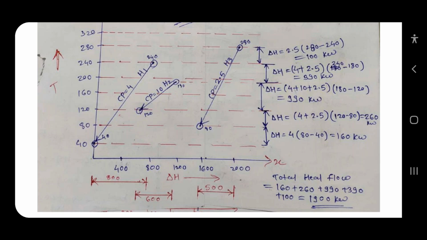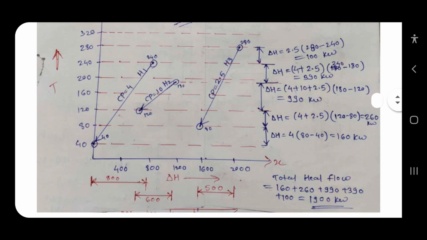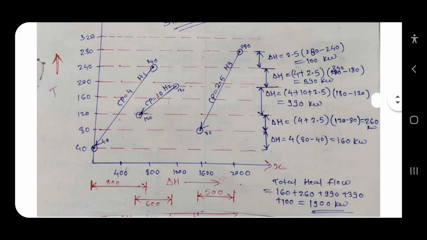It doesn't matter, I can also start this line from 1600 and go down to 800. I will plot this line again from 240 to 40 depending on your assumption. We'll see in the next stream.